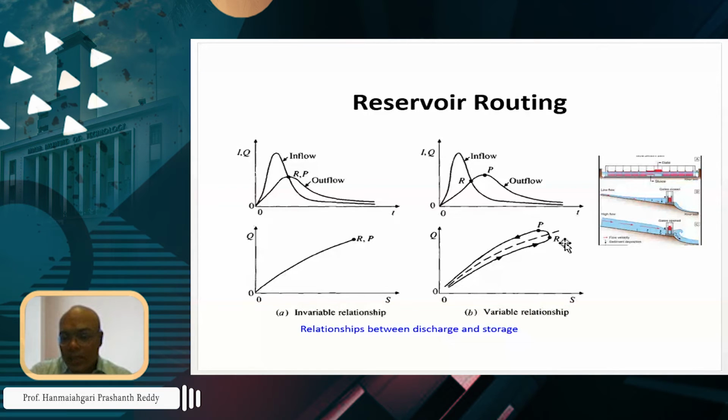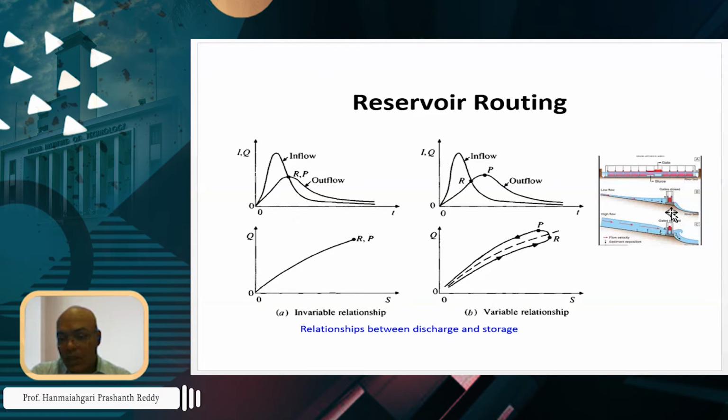This is R, the maximum storage, because since it is a curve, the maximum storage is represented by capital R here, and the maximum discharge is occurring here, denoted by capital P. Okay, so P and R are different. So you can see that Q and S is not one curve, but a loop. So this is called a variable relationship.